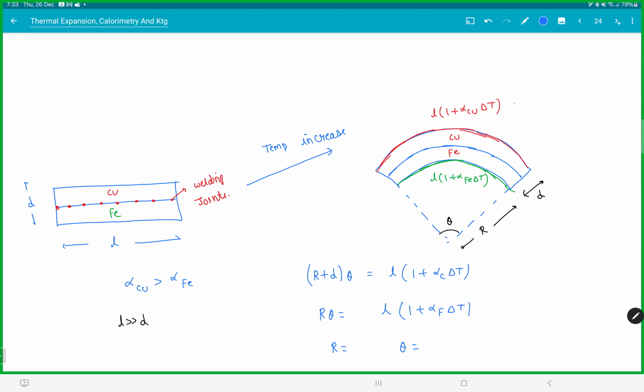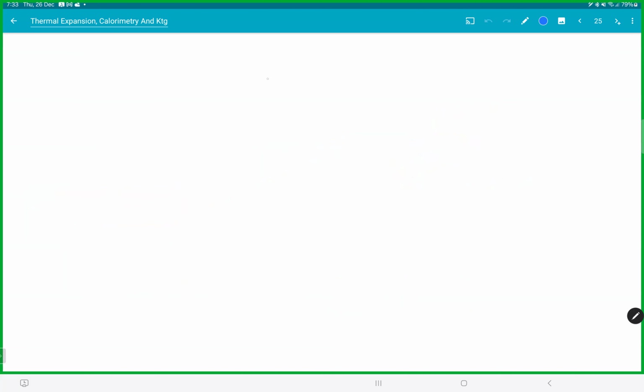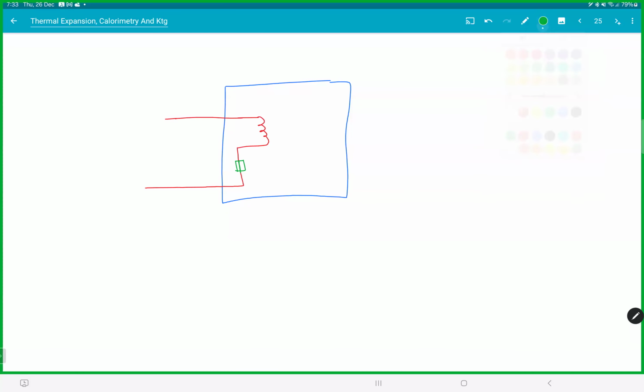Now, how to use this thing? Let's say you're making a sauna or steam bath. Nowadays we don't use this, but once upon a time it used to be like this. We have a circuit, we have a heater. This circuit is connected with a bimetallic strip here. Now see what happens. Let's say when the temperature of the room is 30 degrees, it is cold.